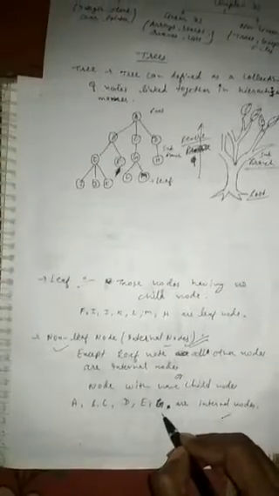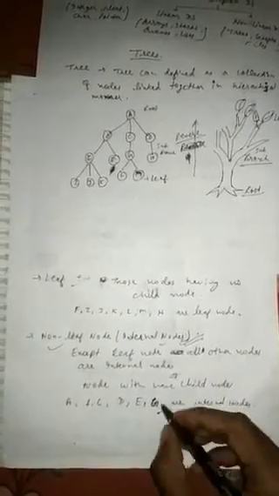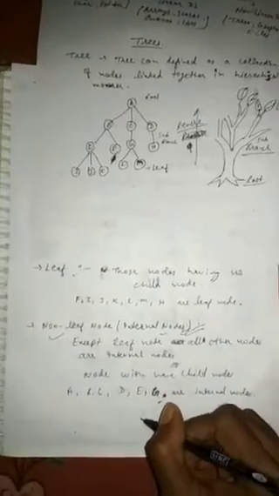A, B, C, D, E and G are non-leaf or internal nodes. At that time I spoke wrongly; E and F also, we include F also.